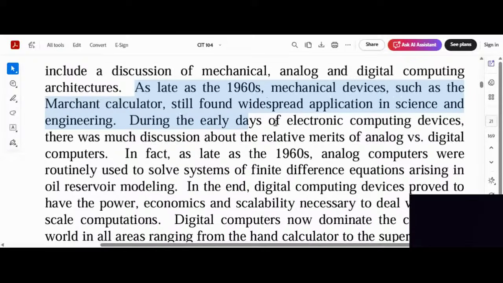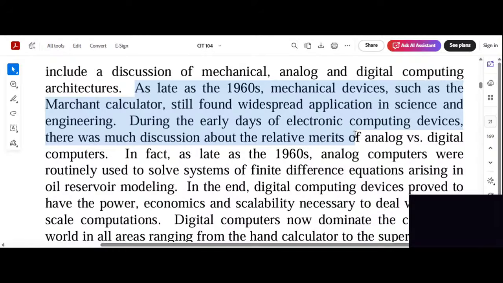Now, during the early days of electronic computing devices, we are just going to read this place, it's history, so open your mind. During the early days of electronic computing devices, there was much discussion about the relative merit of analog versus digital computers.